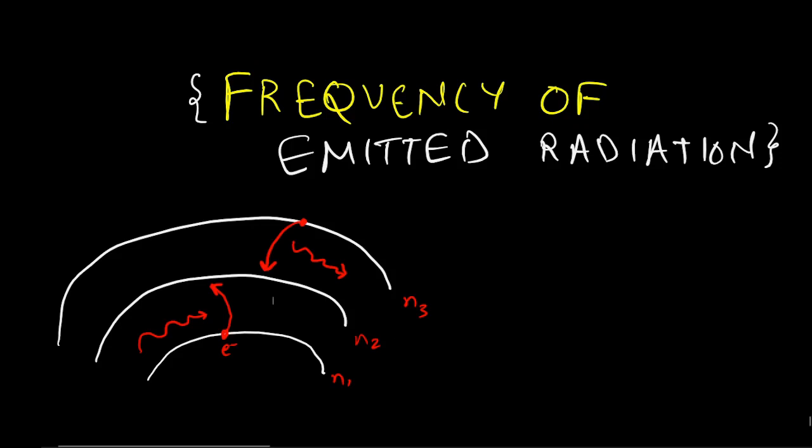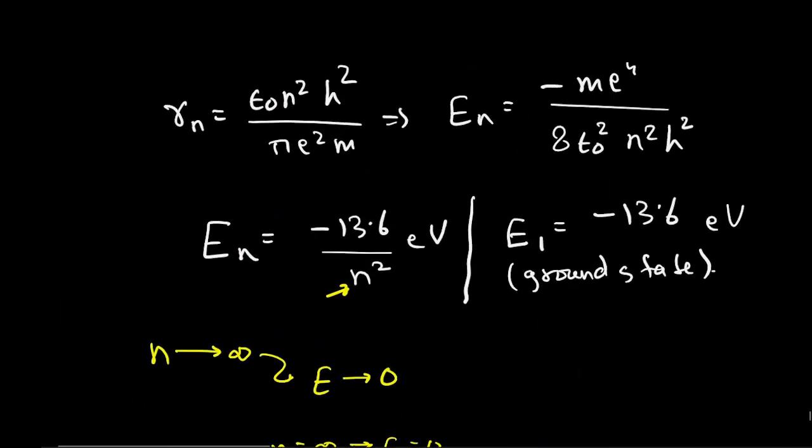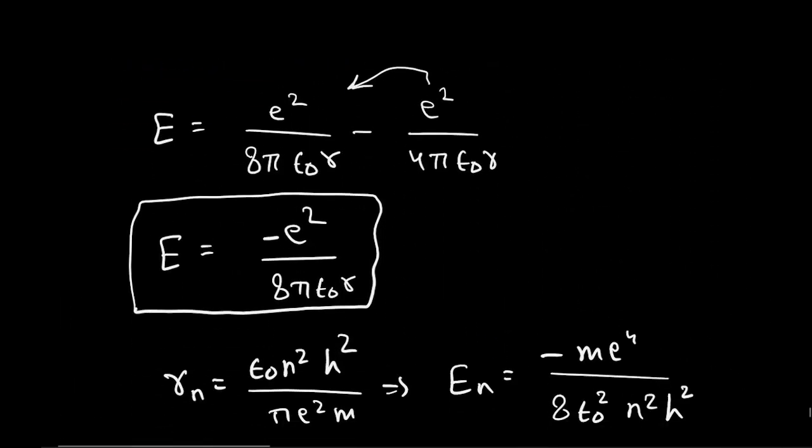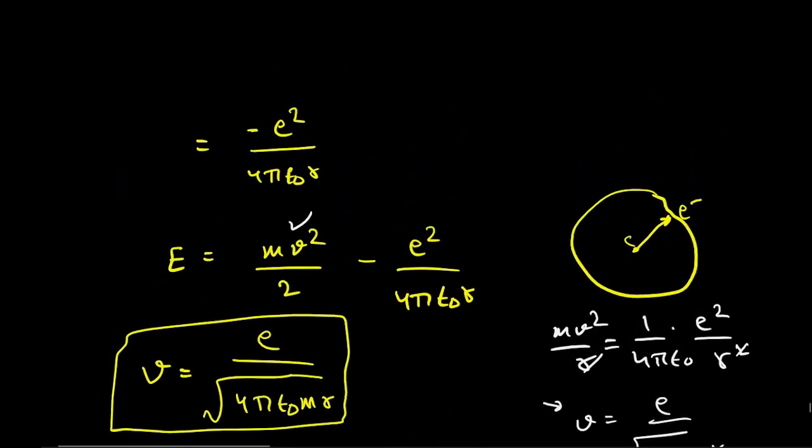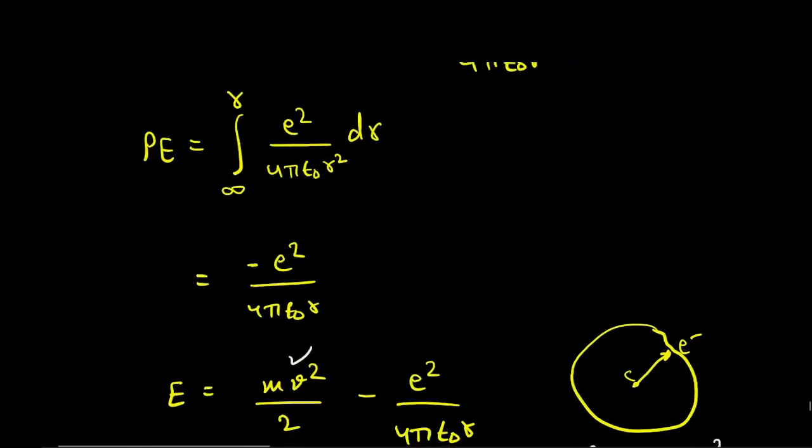If you remember from the last video, I derived an expression: En equals minus me^4 divided by 8 epsilon naught squared n squared h squared. Obviously this expression looks very long and complex to remember, but it is easier to derive if you have seen that video properly.